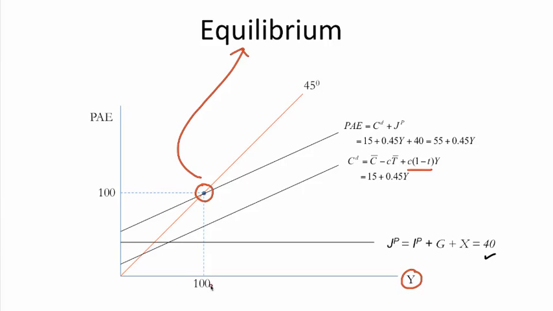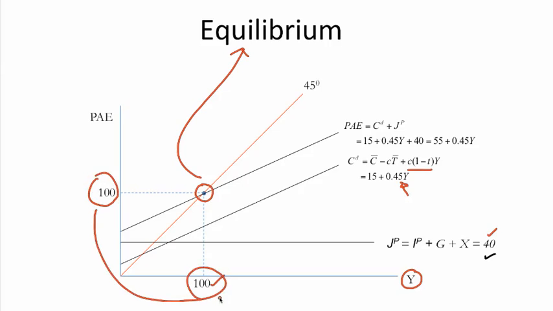Should the economy's GDP or aggregate income be equal to 100 units, then taking into account both the exogenous spending plans of firms, government and foreign residents, and also taking into account household spending plans which are influenced by what the flow of income is, then in total the economy's planned aggregate expenditure will also equal 100.